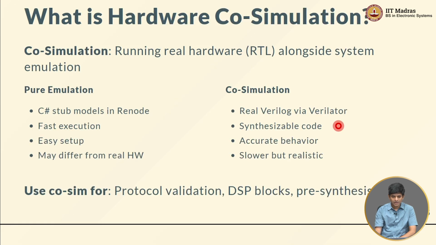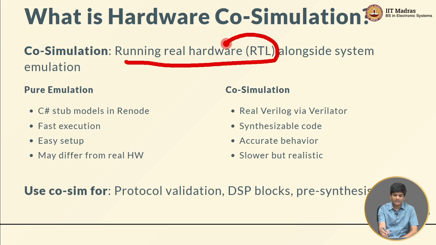So first things first, what exactly do we mean by hardware co-simulation? Co-simulation refers to the process where we run real hardware, that is an RTL simulation, alongside the system emulation. So even though I say running real hardware, this is of course not yet running on an FPGA board.